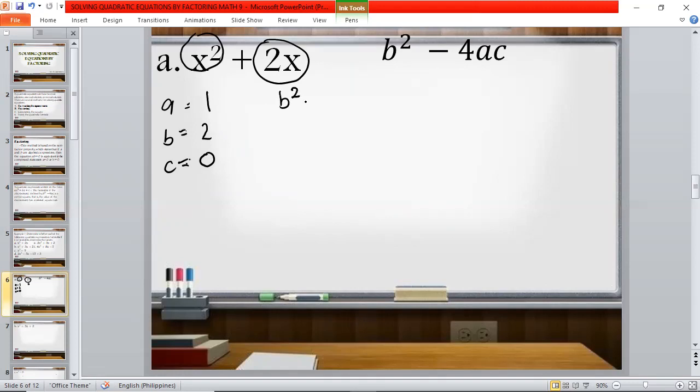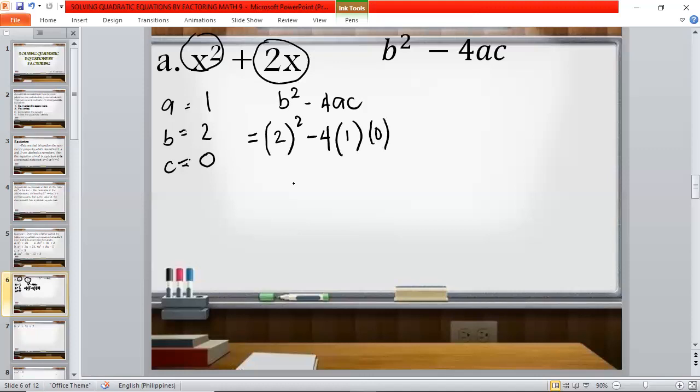Para hindi po kayo nalilito, kailangan nyo pong isulat lahat ng gagamitin na formula para si ma'am ay hindi rin malito. What is the value of B? The value of B is 2. Substitution lang po ha, substitution. Then 4, and what is the value of A? We have 1. And the value of C is equal to 0.